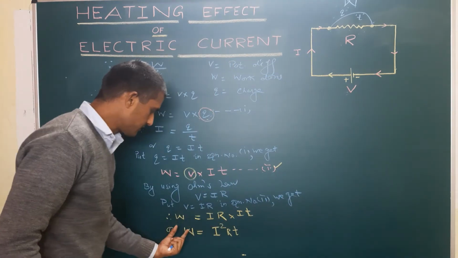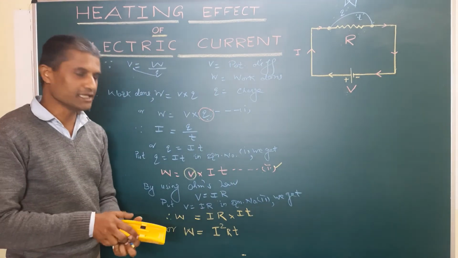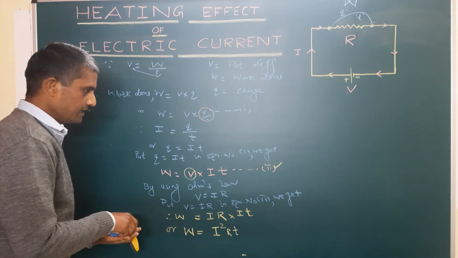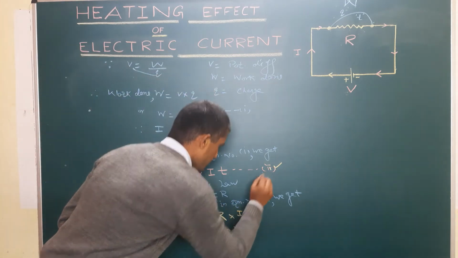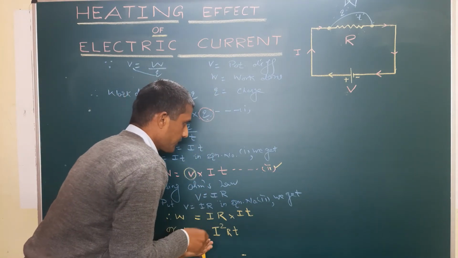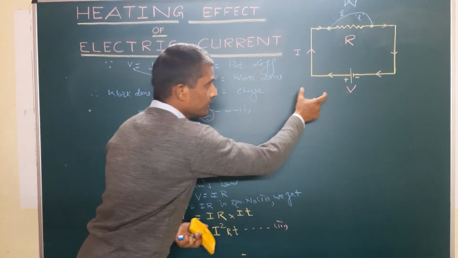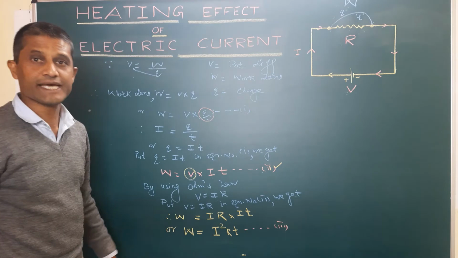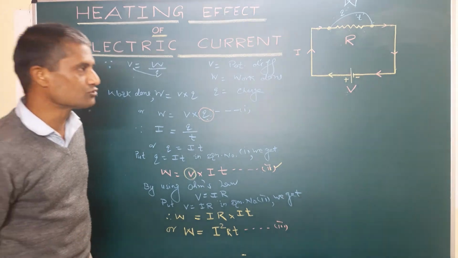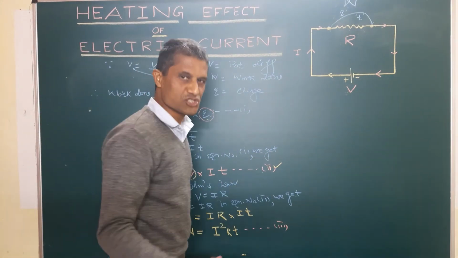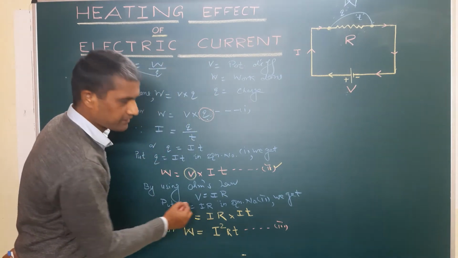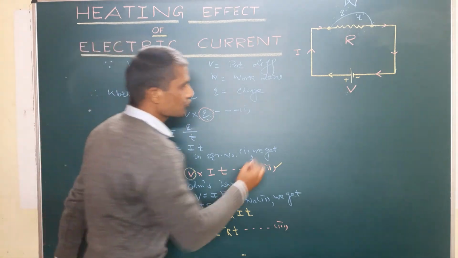It means work done is equal to heat energy. But firstly, let me take it as equation number 3. Let us assume that the whole work done got transformed into heat energy.